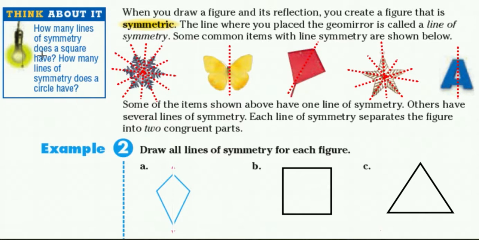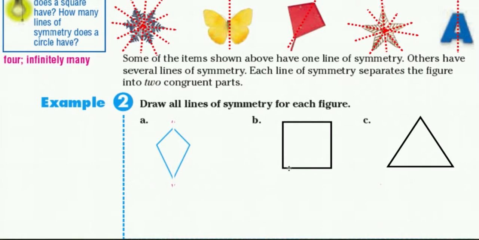How many lines of symmetry does a square have? How many lines of symmetry does a circle have? A perfect circle, of course, will have infinitely many lines of symmetry. A square will have 4, and we'll learn that in example 2.